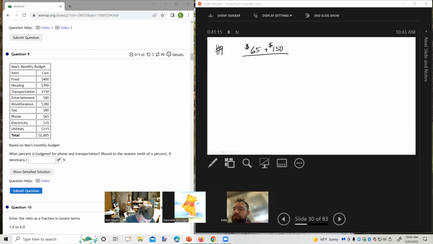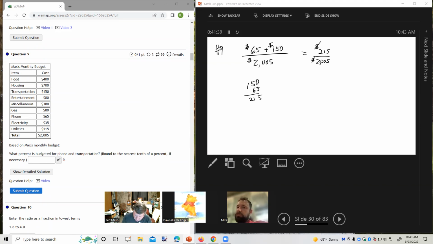And that's over the total budget of $2,005. So if we add the numerators, 65 plus 150, we get 215 over $2,005. I can cross out the common dollar signs.